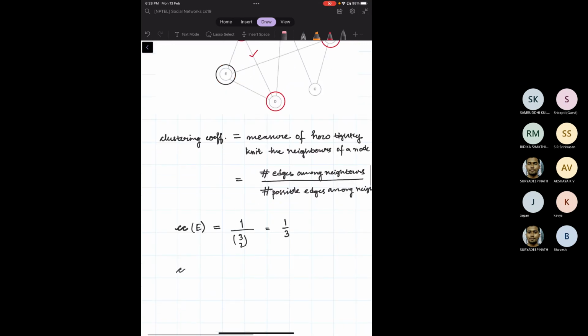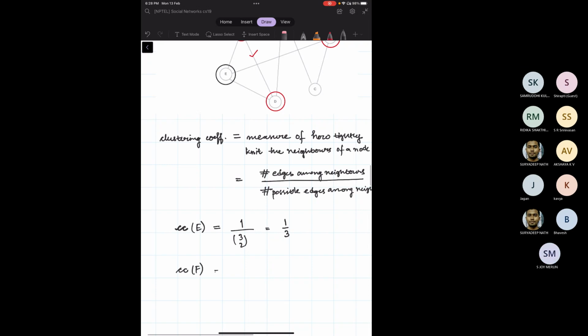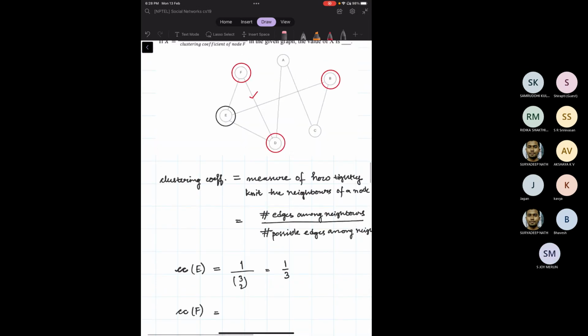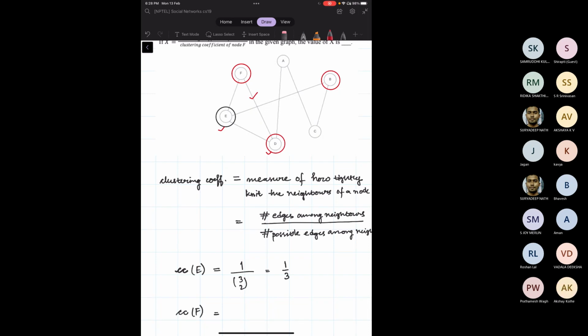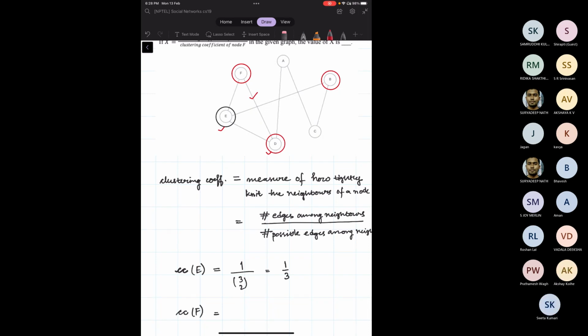And for the clustering coefficient of F, if we take a look at node F, its neighbors are E and D. With two neighbors, the possible number of edges between them is only 1, because with two nodes, only one edge is possible in this undirected graph.